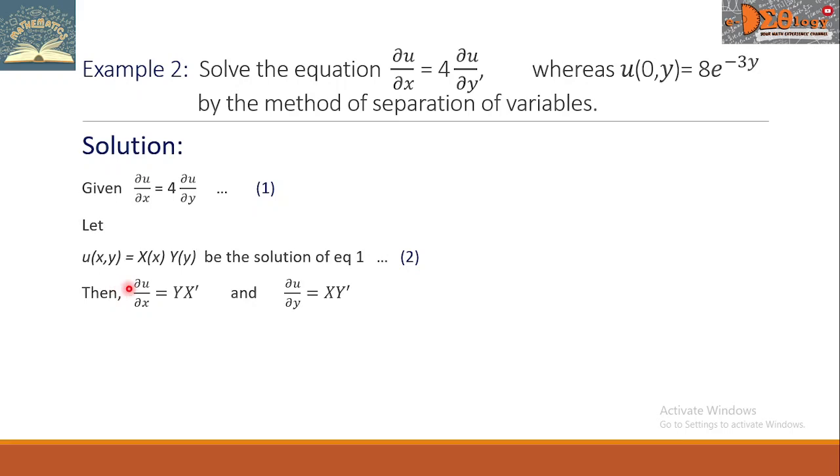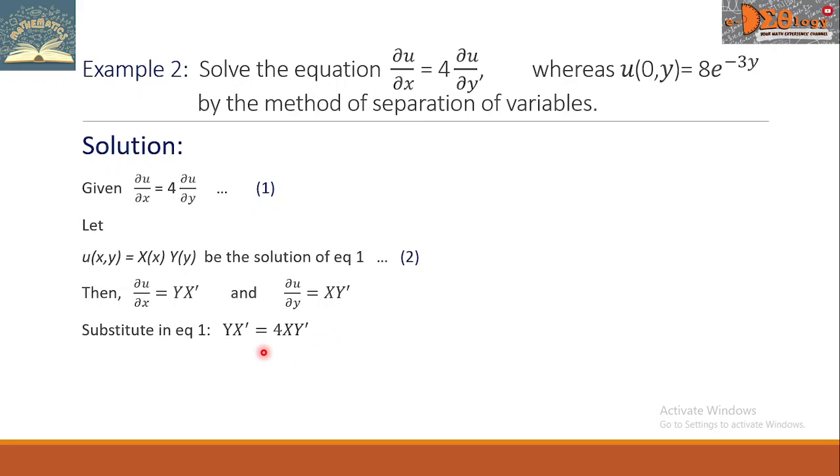So we have here partial derivative of u with respect to x equals Y times X prime, and partial derivative of u with respect to y equals X times Y prime. Let us substitute the corresponding values in equation 1. So equation 1 becomes Y times X prime equals 4 times X Y prime.